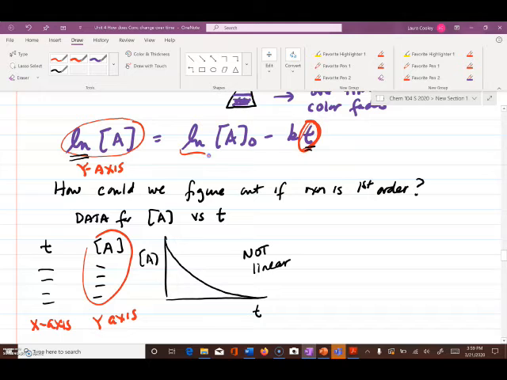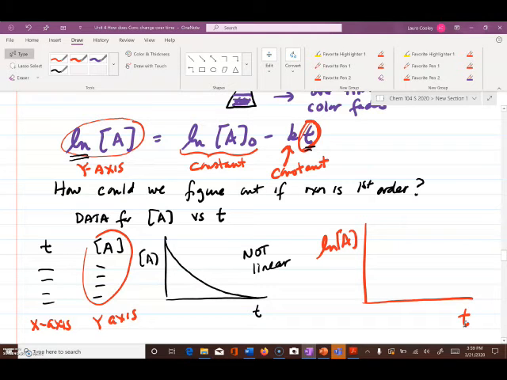Because the log of A0 is just a constant, the log of the initial concentration. Like in the example we spent a long time on, this would be the log of 0.6, which is minus 0.511. That is not changing. And the rate constant is also a constant as long as we don't change the temperature. So if we graphed the log of A versus t, we would see a line.